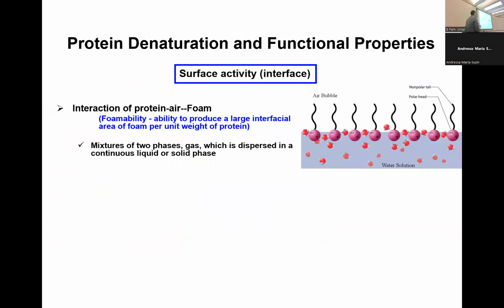Foam, I'm going to go over this very briefly. You have similar concepts, where the hydrophobic components of the protein will orient themselves toward the air, and the hydrophilic component of the protein is oriented to the aqueous phase. So these are the two phases in foam.